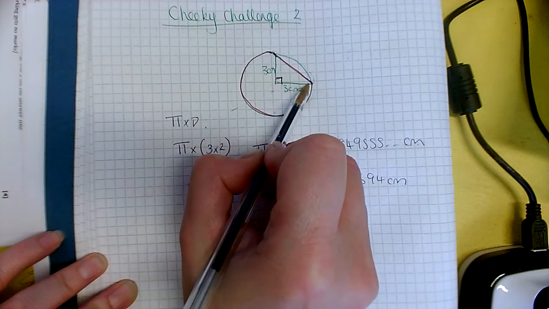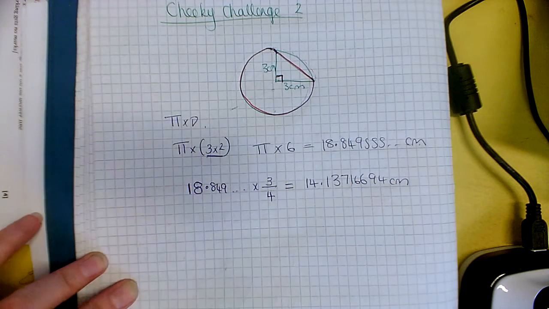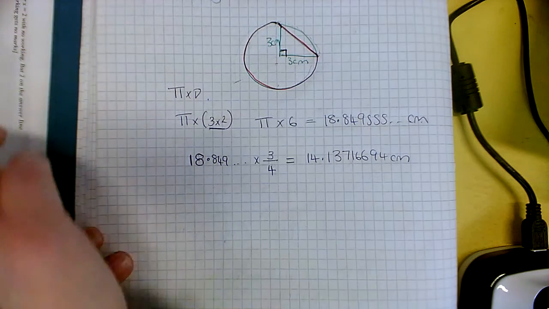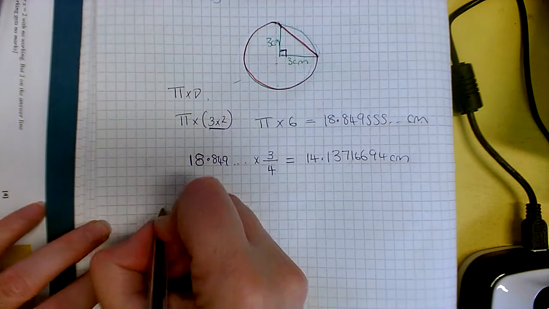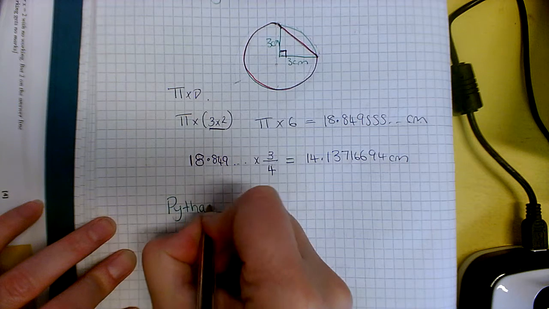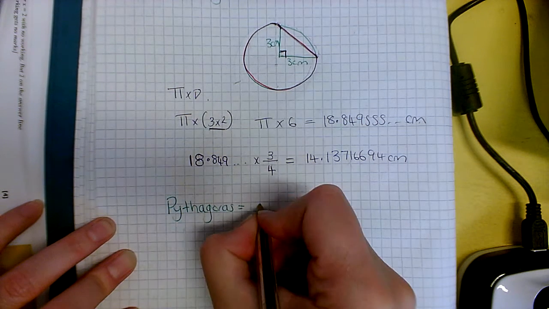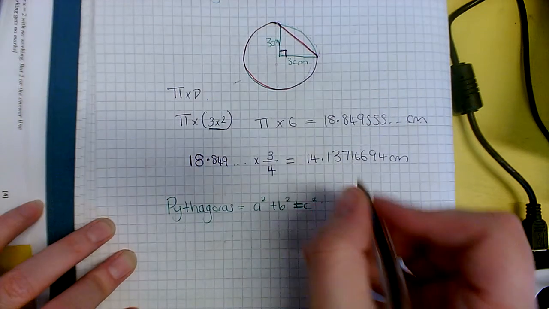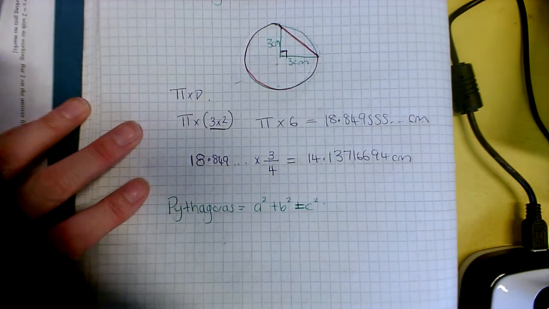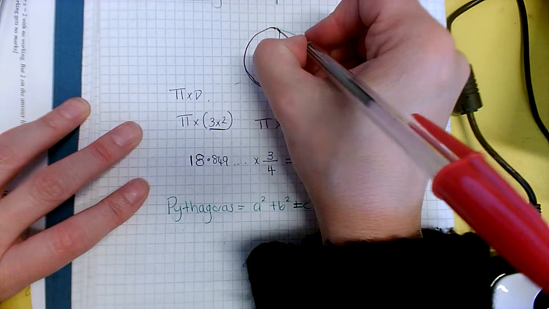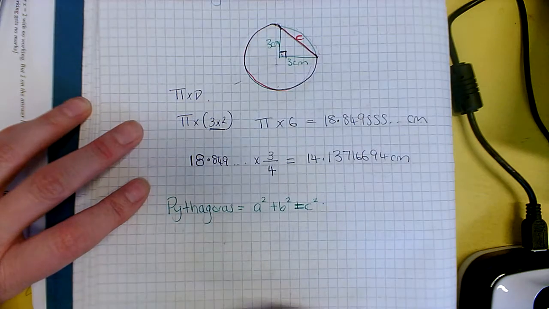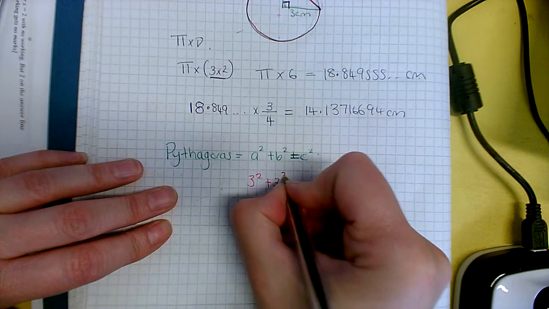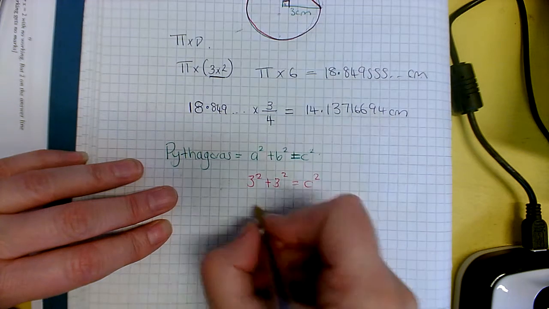But I still need to add this bit in, and this is where it gets funky because we can use Pythagoras to help us work out the length of this side here. So if we pop into the back of our brains and pull out our Pythagoras theorem, we know that a squared plus b squared equals c squared. And remember, we must always label our longest side, the side opposite the right angle, as side C. So I've got 3 squared plus 3 squared equals c squared.